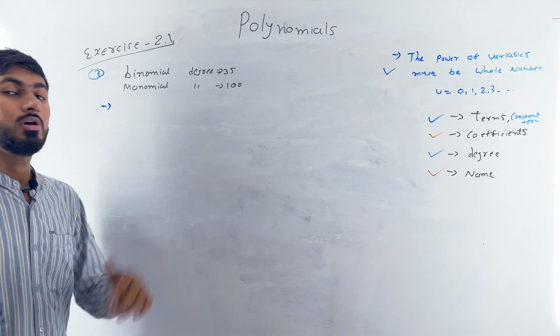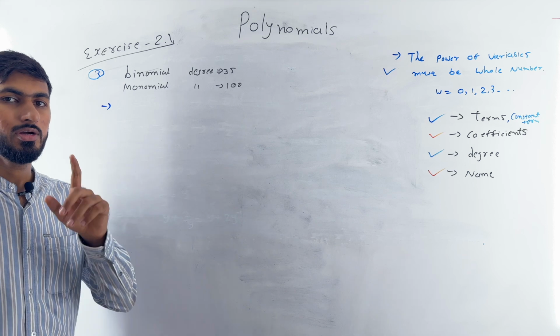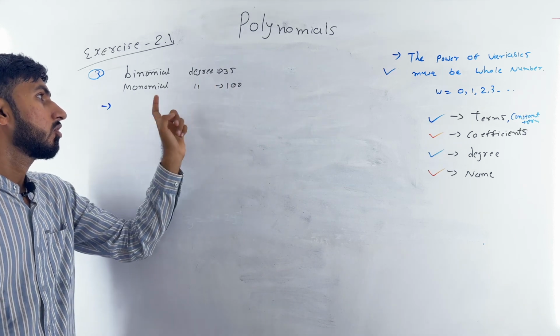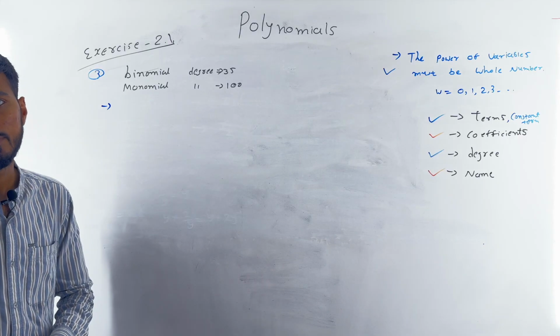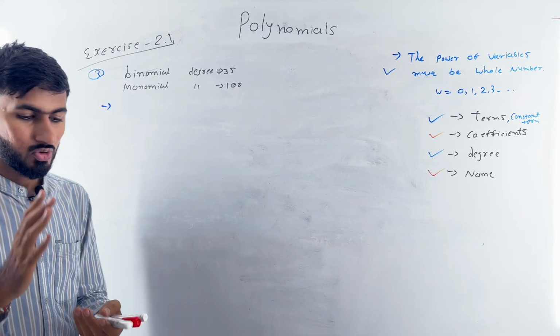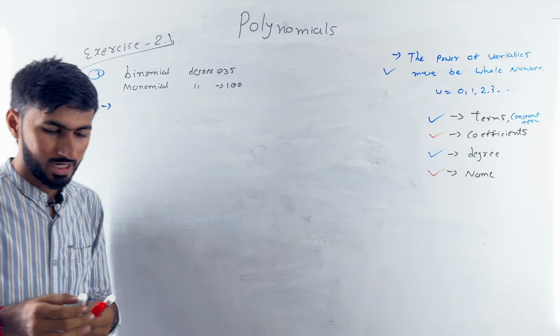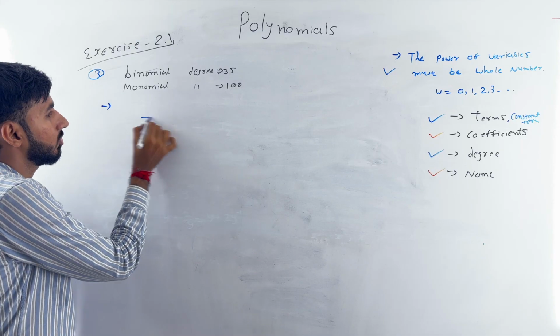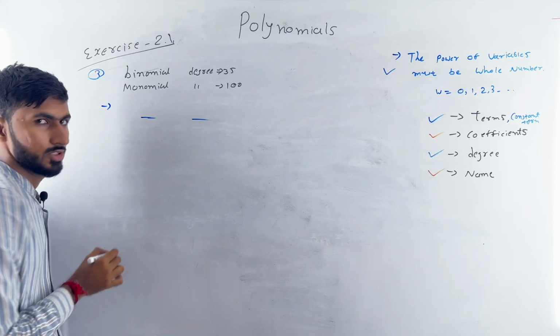Now here we have our third question. I have to write an example of a binomial with degree 35 and a monomial with degree 100. If you have learned the concept, then you can give the answer very easily, right? By saying binomial, that means this polynomial should contain only two terms.